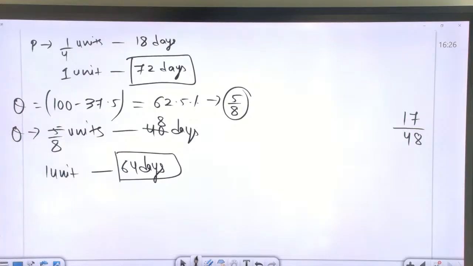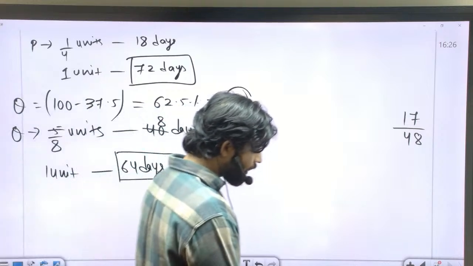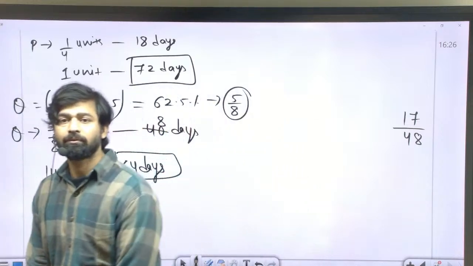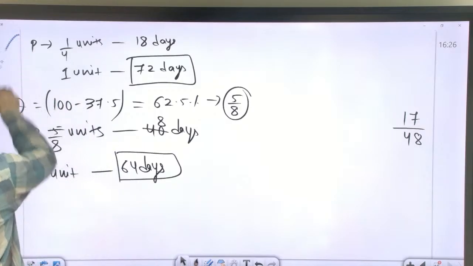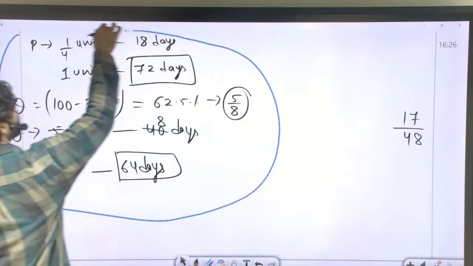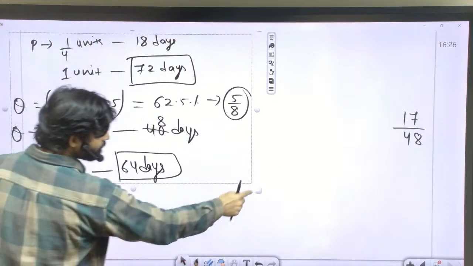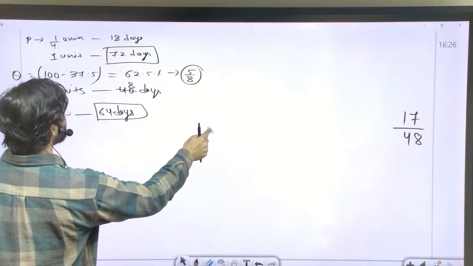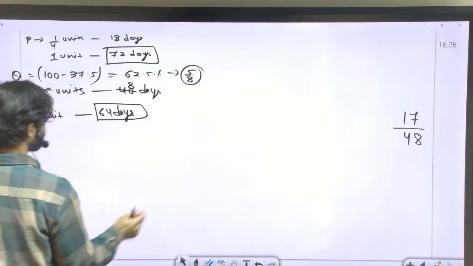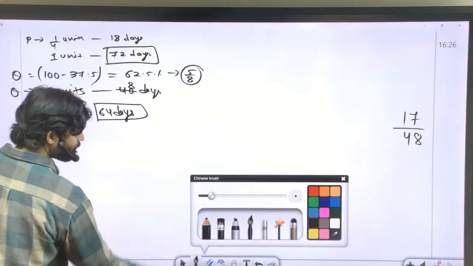Any problem in this? The next step is to find out the efficiency of P and Q. That is very easy. How we can find out the efficiency? We can find out the efficiency by finding out the total work, isn't it?